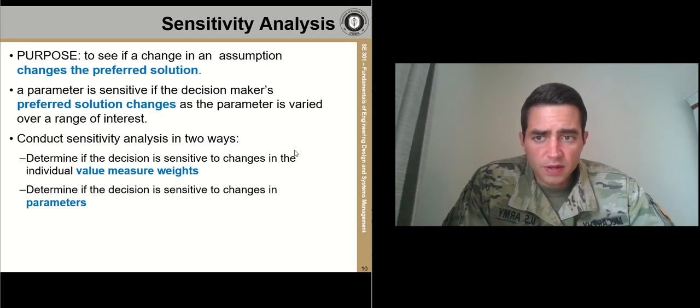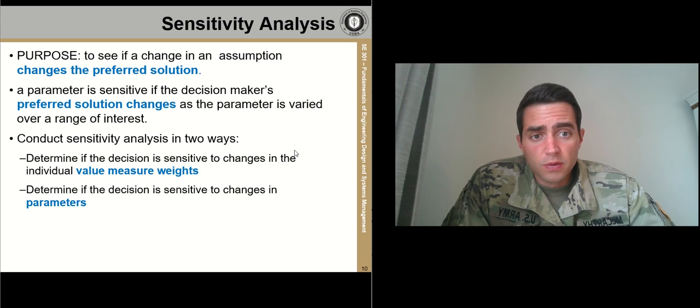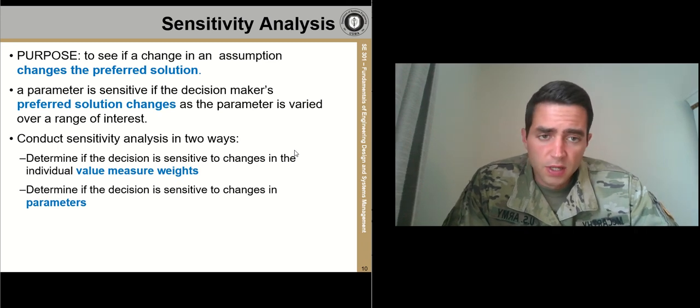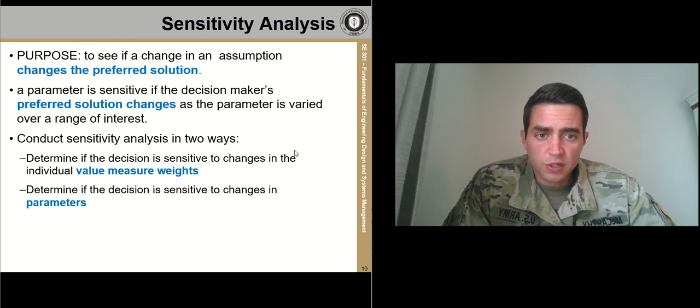So the sensitivity analysis can be done in two ways. We can look at those value measures that we created and those weights that we've identified for each value measure, and we can change those and see how our alternative will change based on a fluctuation in the global weight or the swing weight that we assigned to it originally.